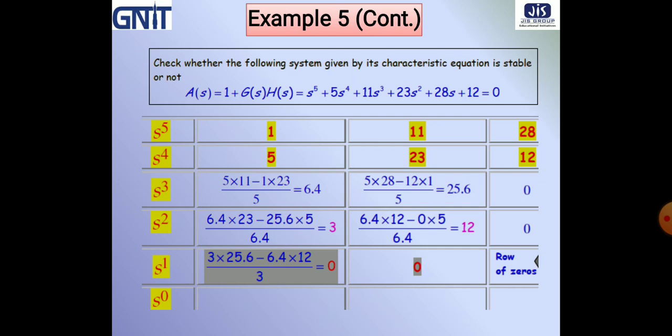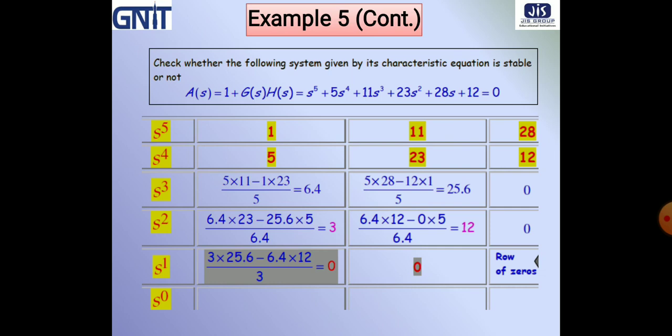If you apply the Routh-Hurwitz criteria, your highest power is s to the power 5. So put the coefficient of s to the power 5, then alternately put the coefficients. That means first the coefficient of s to the power 5, then the coefficient of s cube, then the coefficient of s to the power 1.